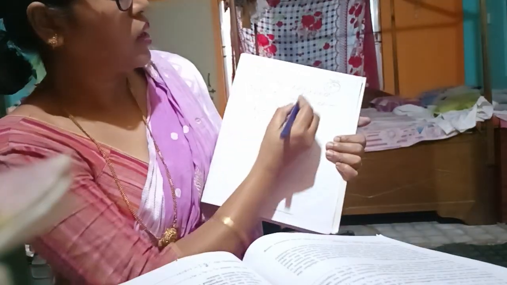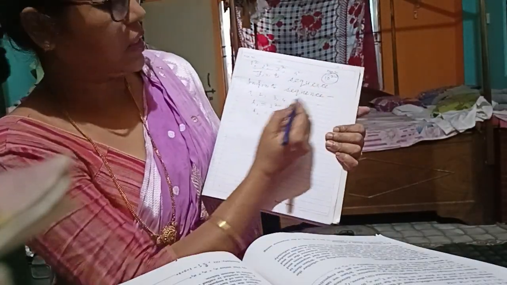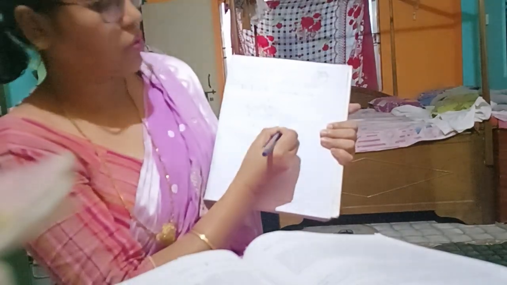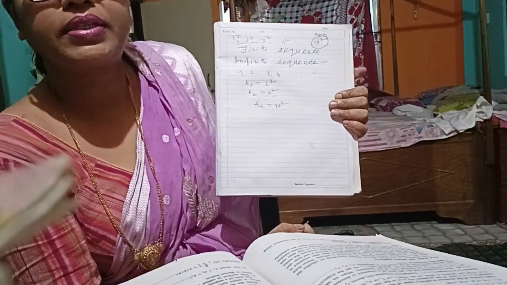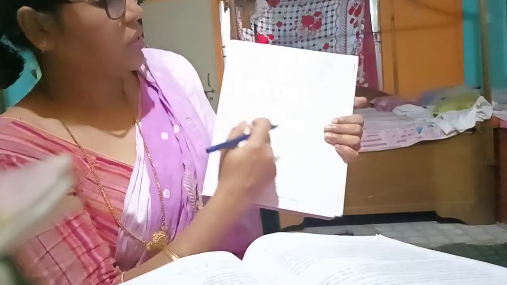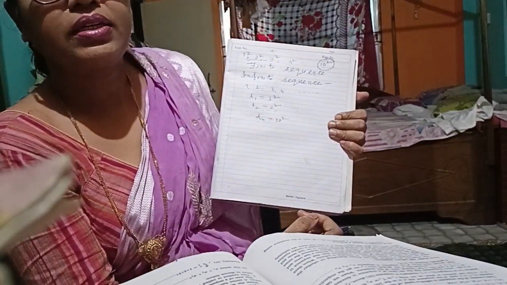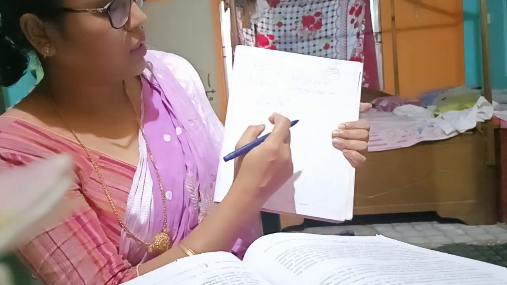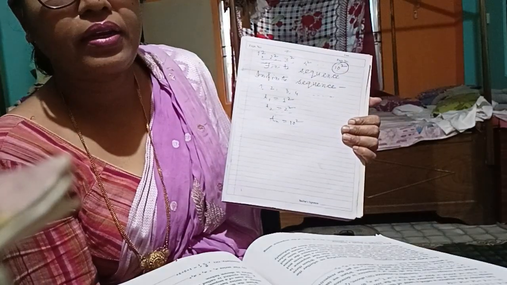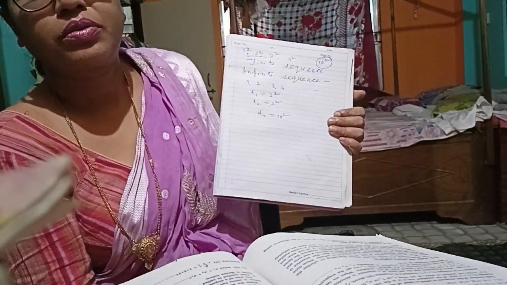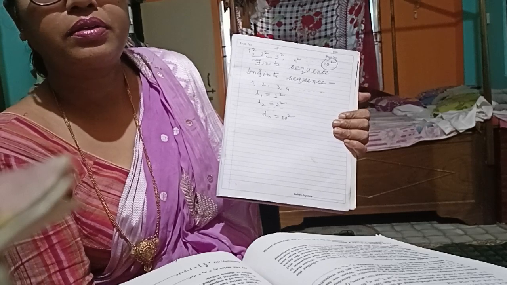Up to how many terms? 10 terms. Tn is equal to 10 square. That means this is a sequence which has n terms: T1, T2, T3 up to Tn. Do you understand this clearly? Okay.